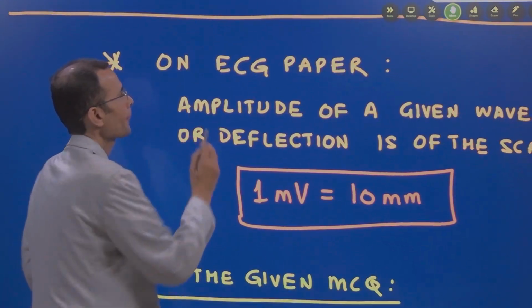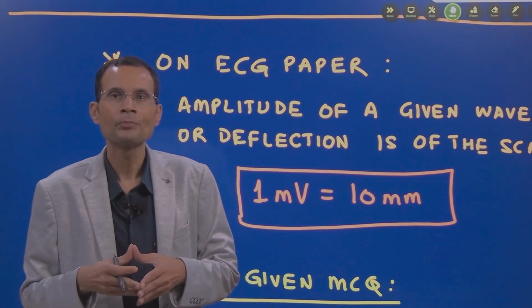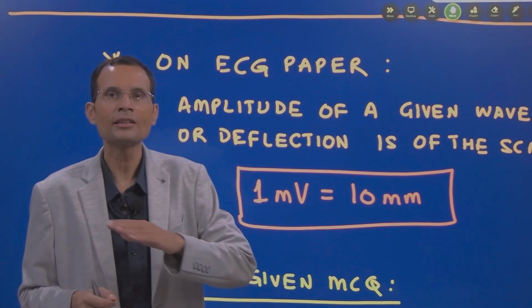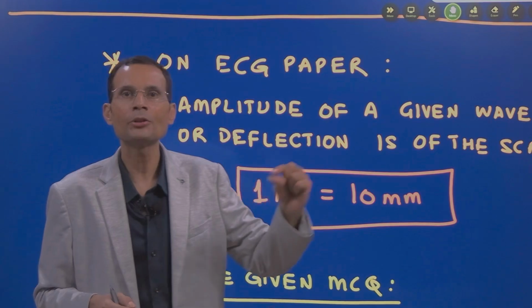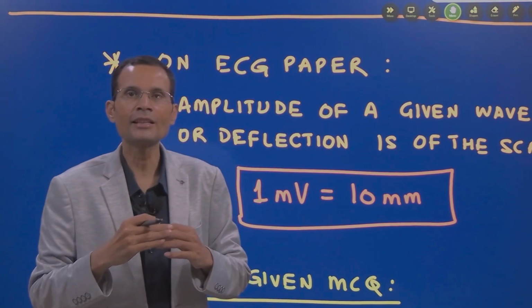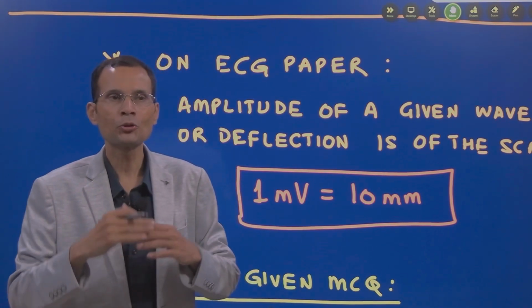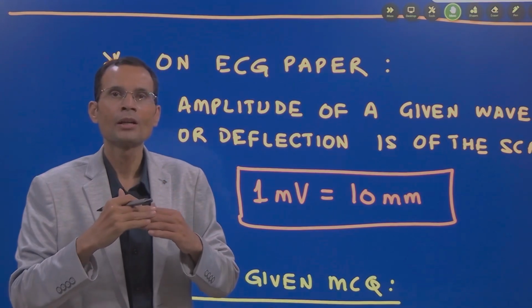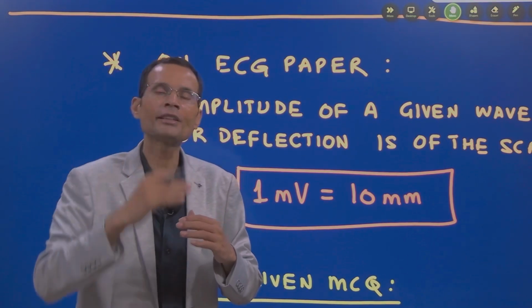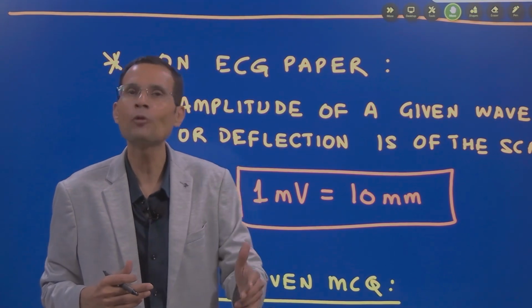First things first. On the ECG graph paper, the horizontal axis is for the time durations of various waves, and the vertical axis is for the amplitudes of the waves in millivolts. So we are recording the potentials and we measure the amplitude vertically. The QRS complex particularly, we will measure in terms of millivolts.